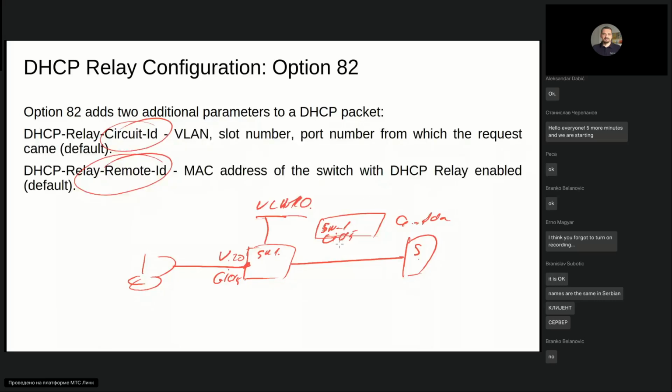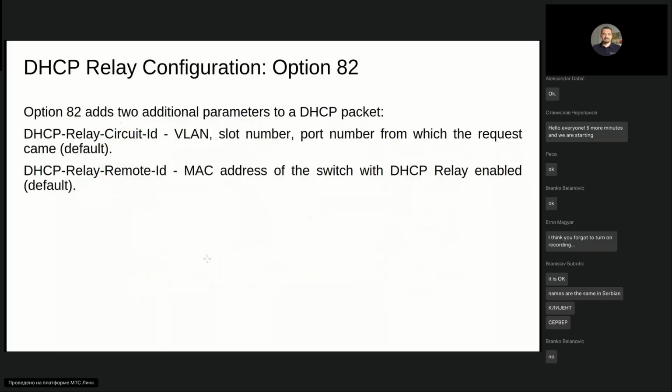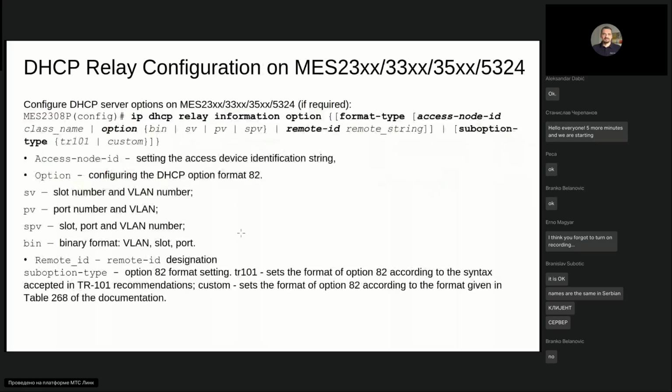The circuit ID is G05. So please add those parameters here, so that the switch, when it gets the offer message, looks here and understands that this offer should be sent to the client on the port GigabitEthernet 0/5. Yeah, so this is what it is all about.